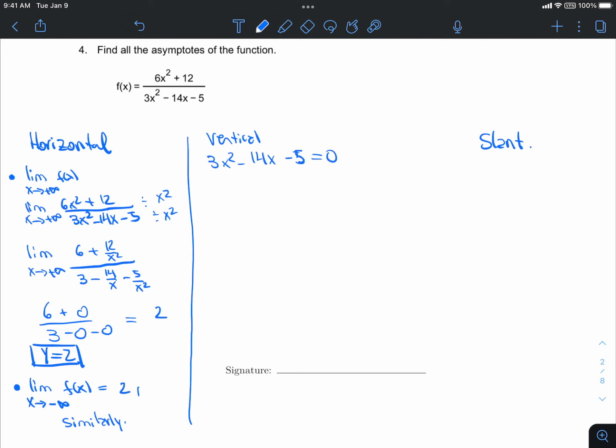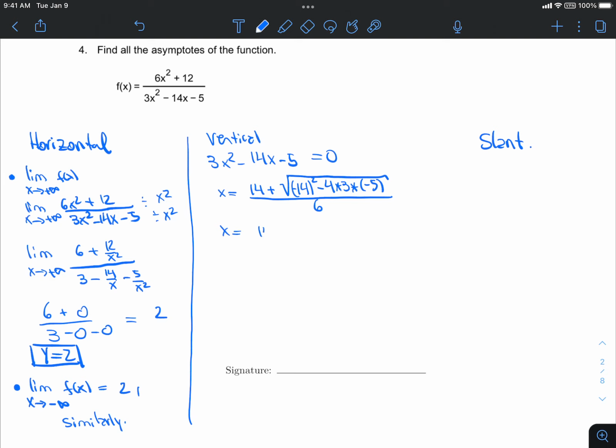And I like to use the quadratic equation, just to be safe. And the quadratic equation is going to tell me that x equals minus b plus or minus the square root of b squared minus 4ac, all that divided by 2a.